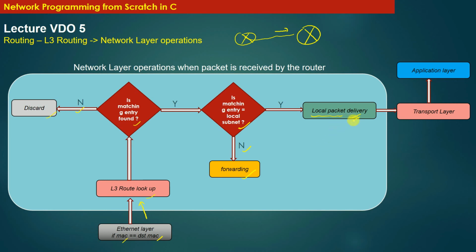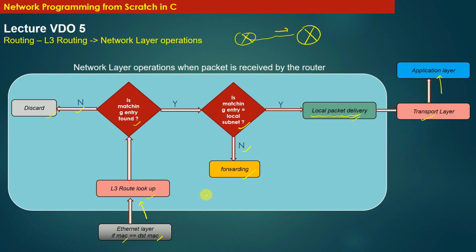Local packet delivery is responsible to deliver the packet further to the transport layer, which further delivers the packet to the application layer running on the router. We will discuss local packet delivery in detail when we discuss the transport layer. So this is how this entire diagram captures the mechanism and the operations that are performed by the network layer.